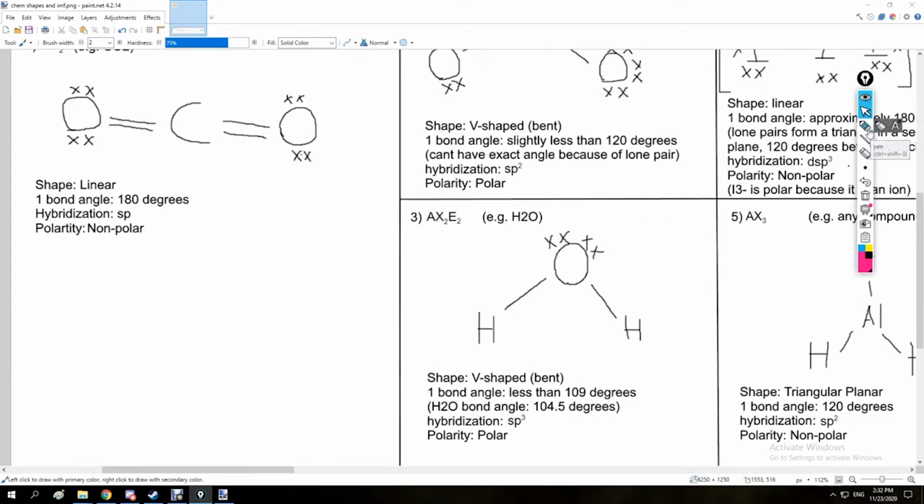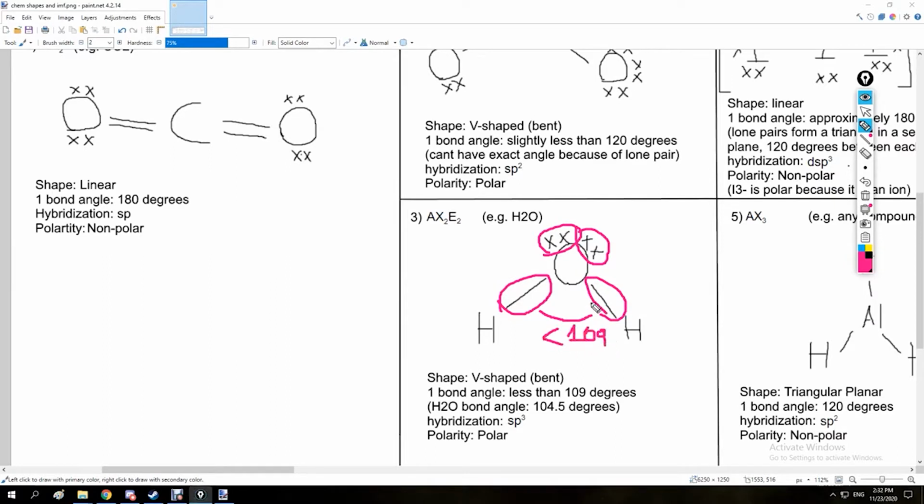AX2E2. You can see it's the same as the previous shape except for an extra lone pair on the central atom, so 2 lone pairs on the central atom. This is going to repel these 2 outer atoms even more, so they're going to be closer together, and the angle is going to be less than 109 degrees.